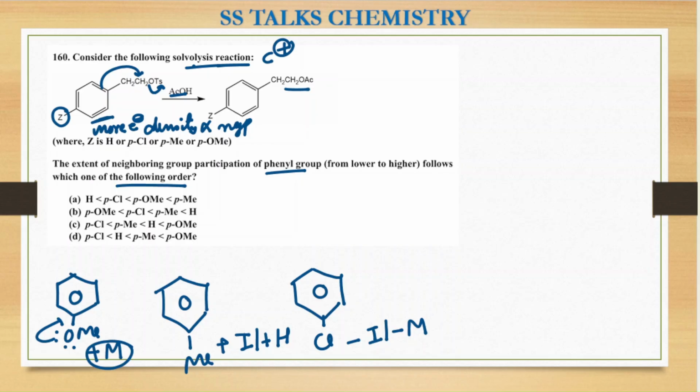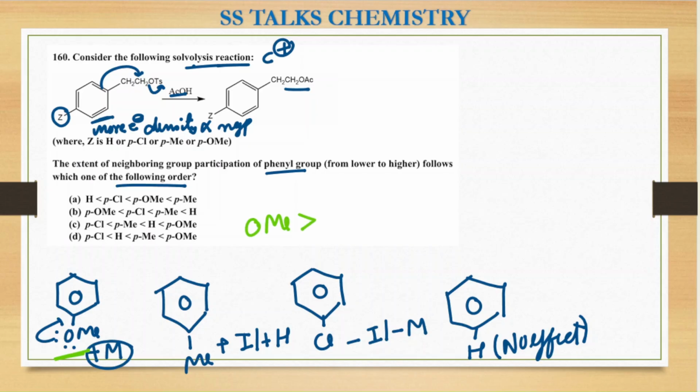The next we have taken is this hydrogen atom. So no effect you are going to observe in this particular substituent case. So the maximum amount of electron density in the benzene ring is observed when the OMe group is attached to it. So maximum NGP effect you are going to observe when the OMe substituent is there, followed by the methyl substituent.